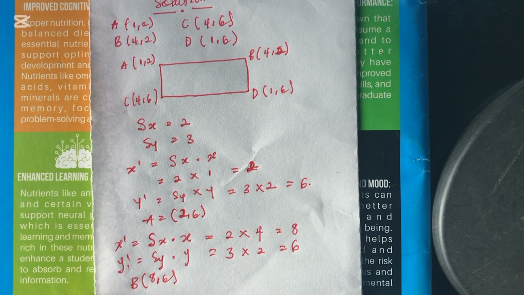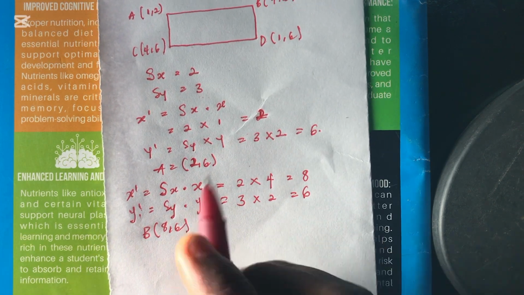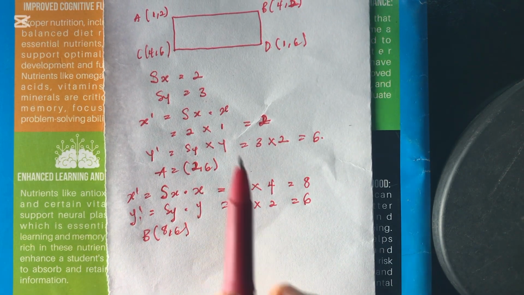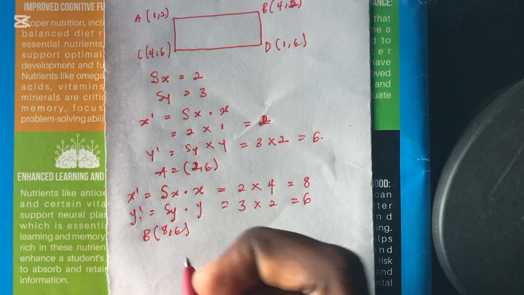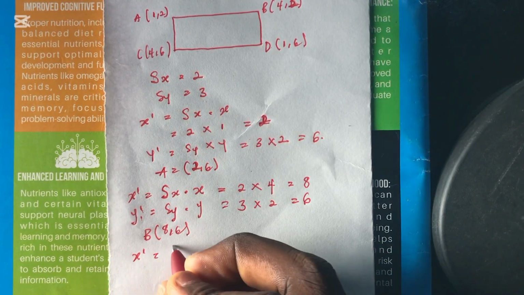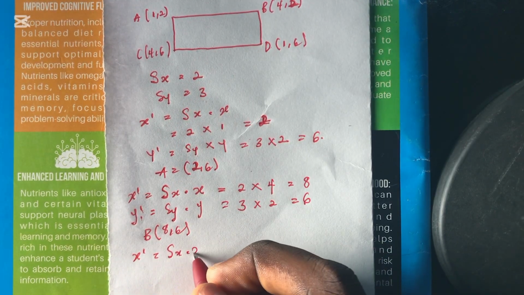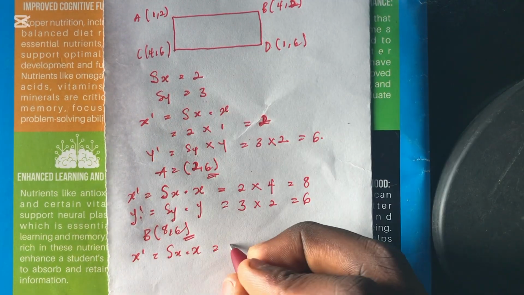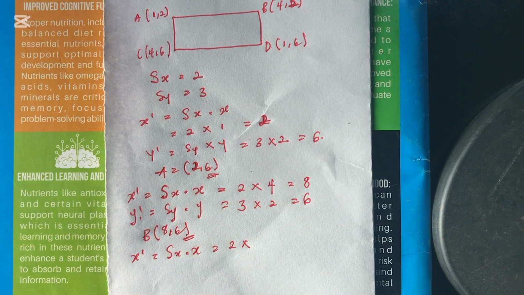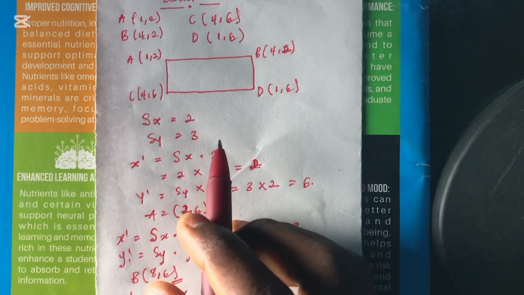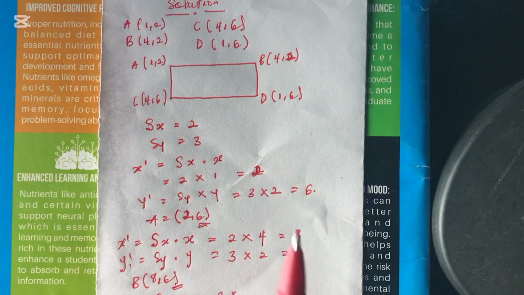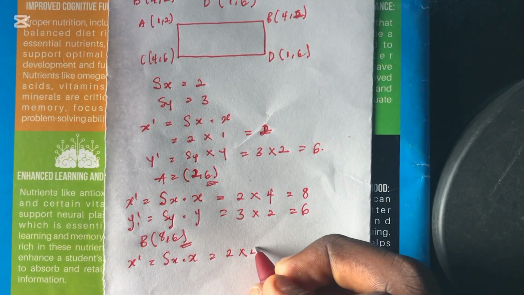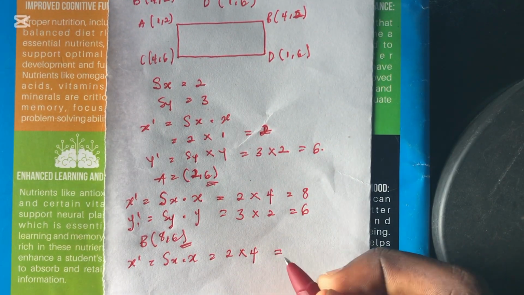Next, we do C. What do we have for C? We have 4 and 6. So x prime is the scale factor multiplied by x. The scale factor is 2, multiplied by the x value of C, which is 4, so 2 times 4 is 8.